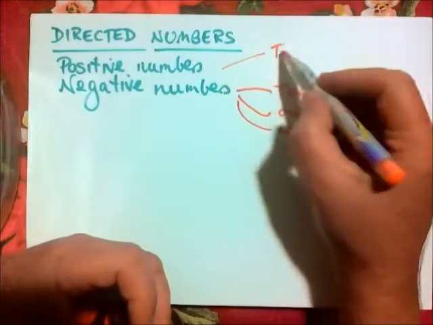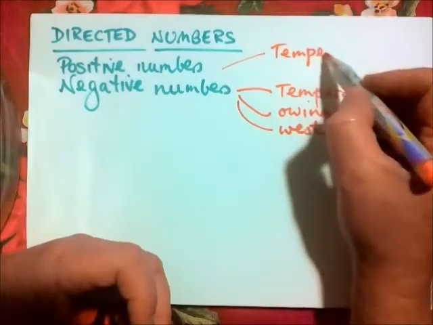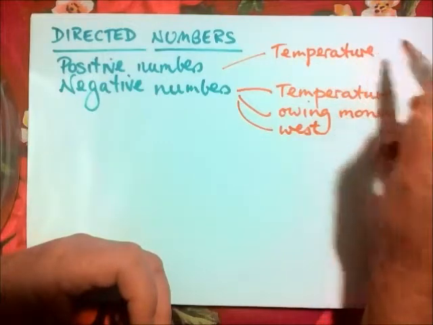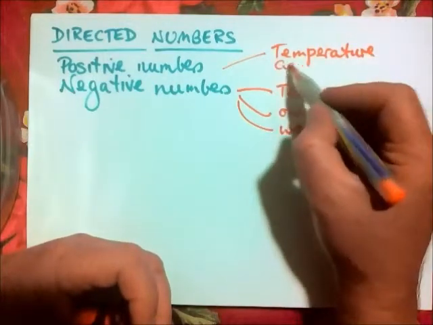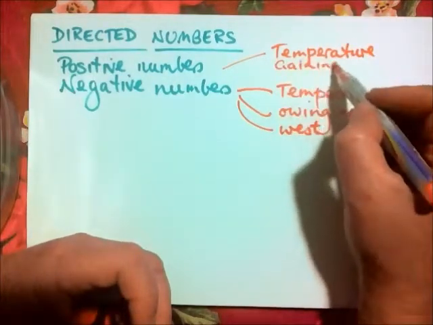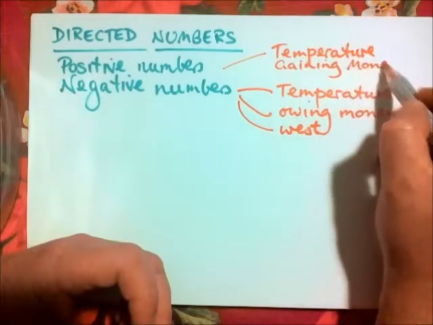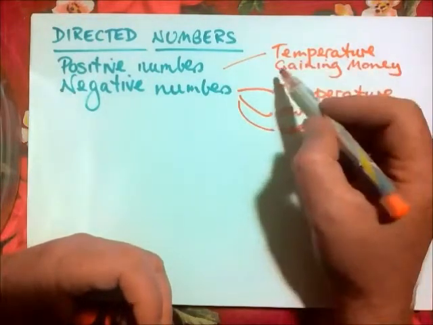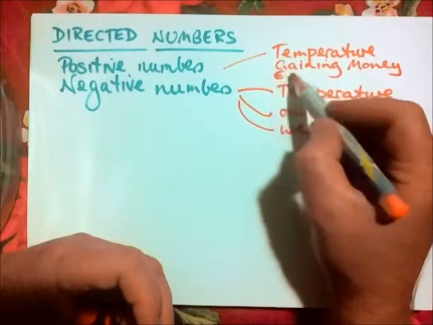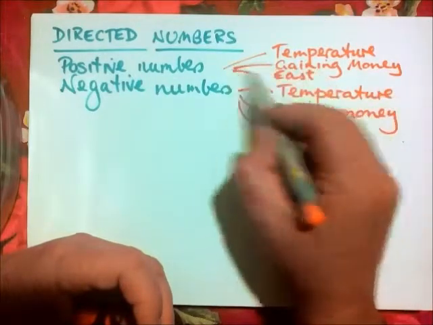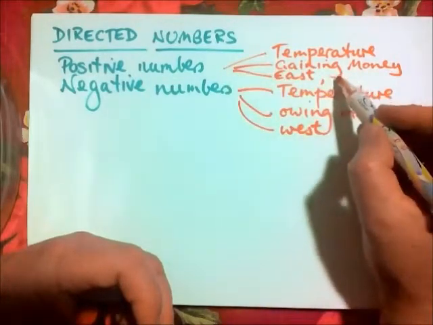What about positive numbers? Again, temperature, obviously. If you can use negative numbers for temperature, you can use positive numbers for temperature. And likewise, the opposite of owing money or losing money is gaining money, so that's a positive action. And then again, with our directions, we have east and north.